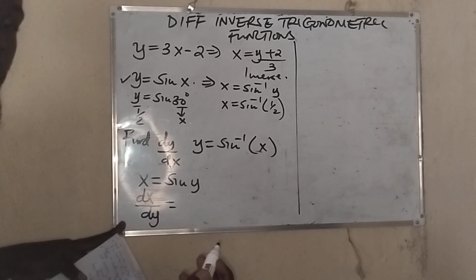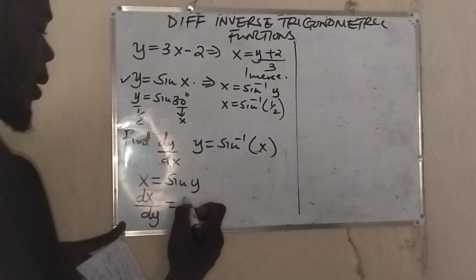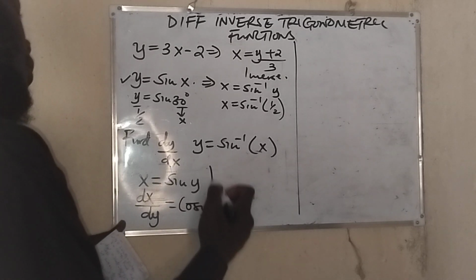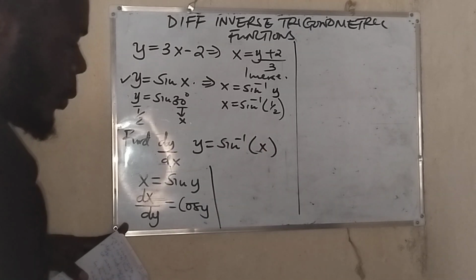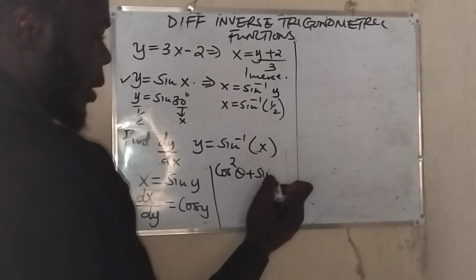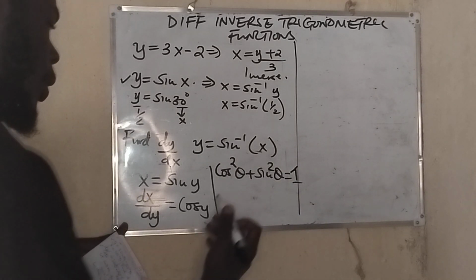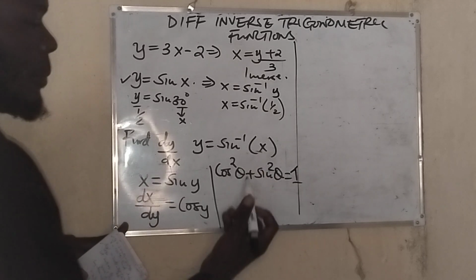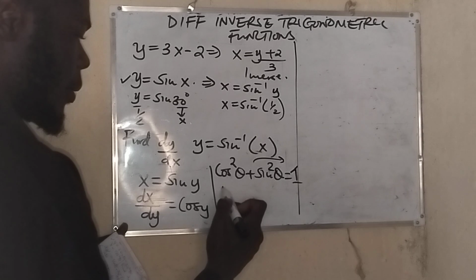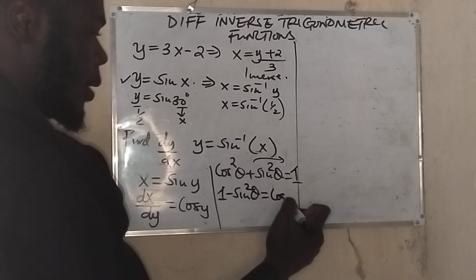From standard derivatives we know that if you differentiate sine you get cos, so you have cos y. You are going to use a trigonometric identity. We know that cos squared theta plus sine squared theta equals 1. So you can make cos squared theta the subject: 1 minus sine squared theta equals cos squared theta.